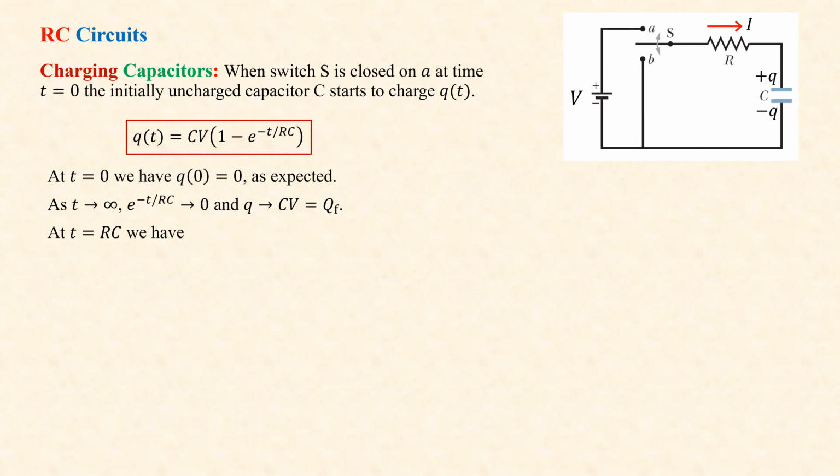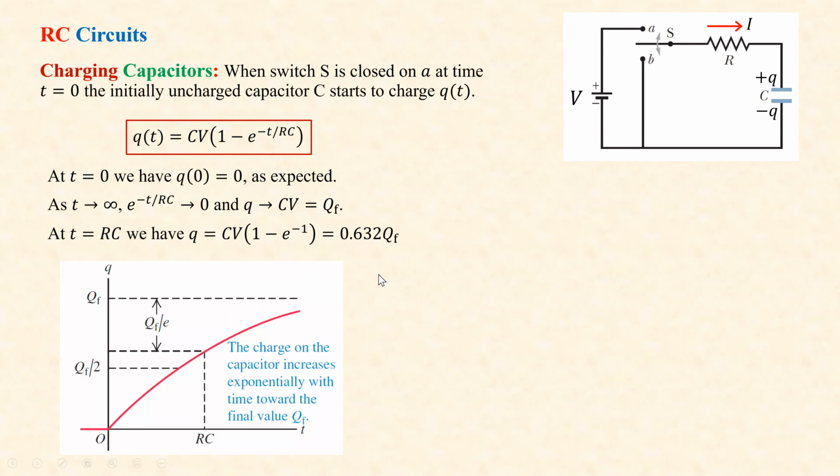At T equal to RC, what happens? We have e to the negative RC over RC, or e to the negative 1. So Q becomes CV, which is the final charge, times 1 minus 1 over e. This 1 minus 1 over e becomes 0.632, or 63% of the final charge.